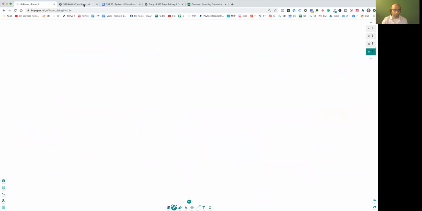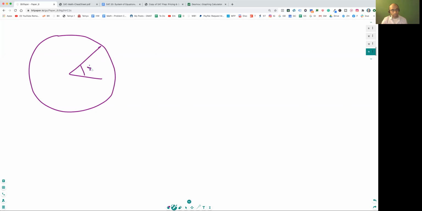Okay, that was one part of the circles. The other part of the circles is: what is the radian measure? That's an important piece, right? Sometimes in place of 45 degrees, they might give you radians. So for radian measure, you take the degree number and multiply it by pi over 180.